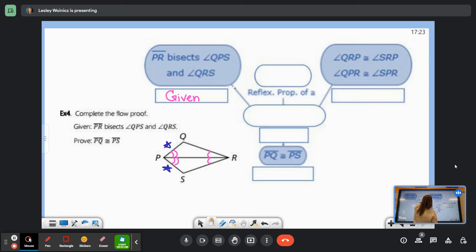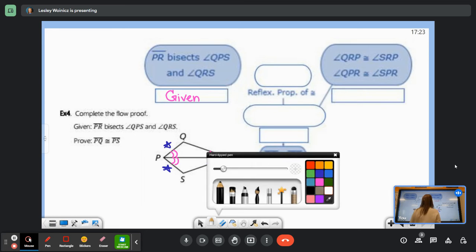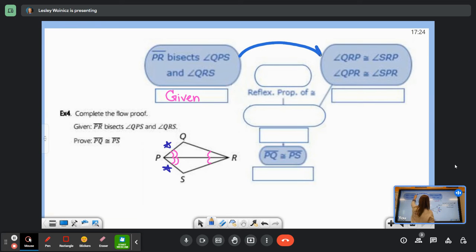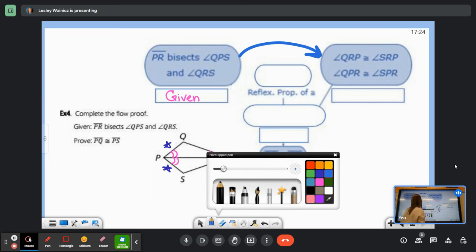We're going to get rid of this line here, and we are going to say that this one goes over here, because the fact that this is a bisector makes these angles congruent to each other. I don't know why those aren't connected in this proof. I feel like that's a mistake. So we're going to fix it because I'm the one doing the notes.